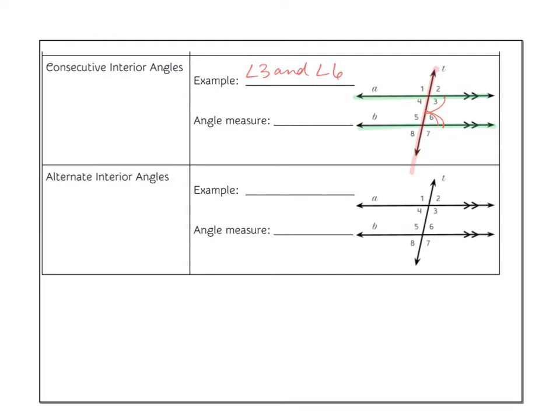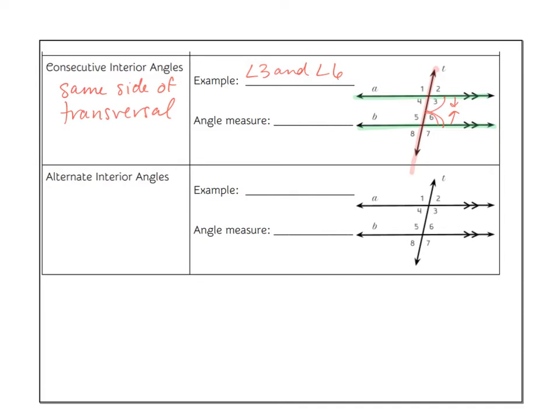They're interior because they're between the two parallel lines, and they're consecutive because they're on the same side of the transversal. Let's put that down here. Same side of transversal. Or in other words, same side of line T. They're both on the right side of line T.